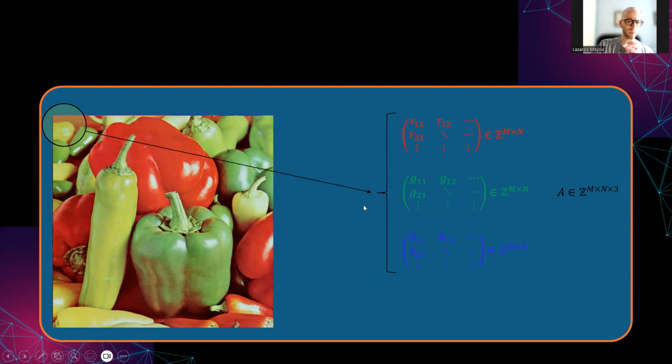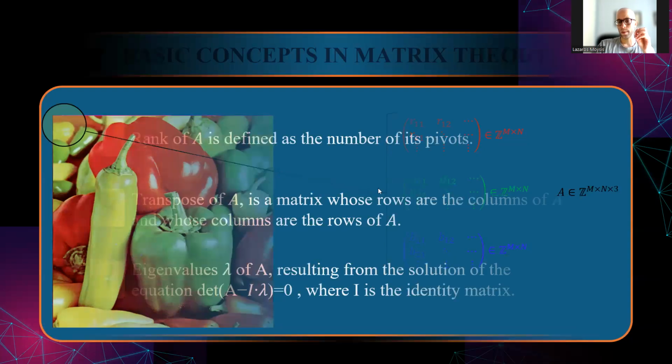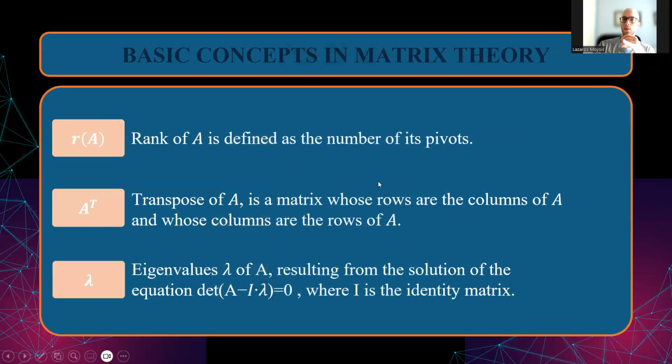So in order to understand this application that I'm about to show you, let's remember some very basic things, okay? You need to know the rank of the matrix. It's the number of the pivots when computing the diagonal form of the matrix. We need to know the transpose of the matrix. Of course, it's a very common term. And we also need to know about the eigenvalues.